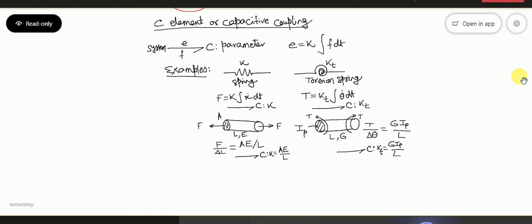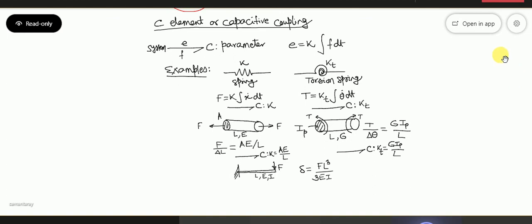So we can extend this same logic to, let's say, bending. In a massless cantilever, with, let's say, force F applied here, then it's L, E, I, all those things are known. So we know delta is FL cube by 3EI.